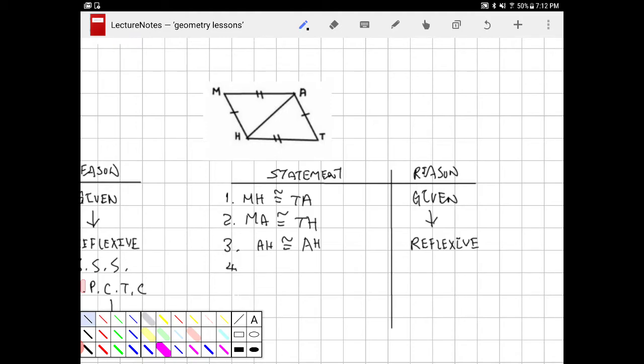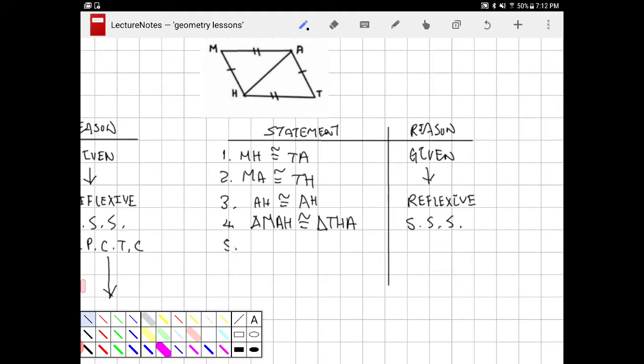Amazing. All right, so therefore, triangle MAH must be congruent to triangle THA. And this is true because of, you guessed it, side, side, side. So then what angles can I name that are correspondingly congruent? I know that M is congruent to T. I also know that angle MHA is congruent to angle TAH.